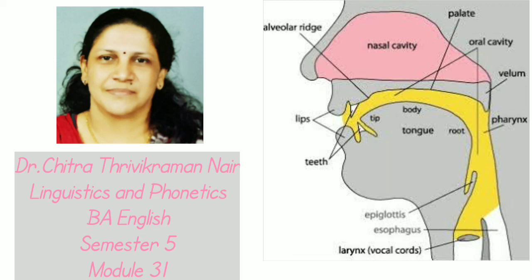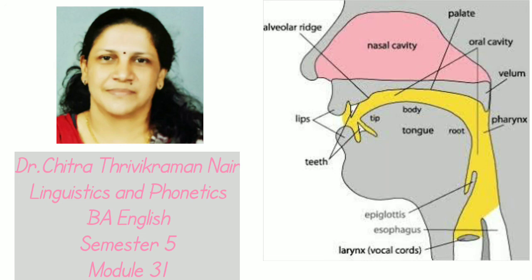Apart from performing a physiological function, they play a very important role in the production of speech sounds. The teeth, as we all know, are not treated as active articulators.